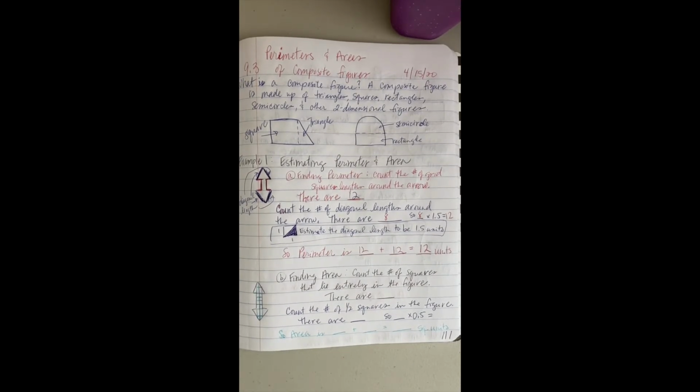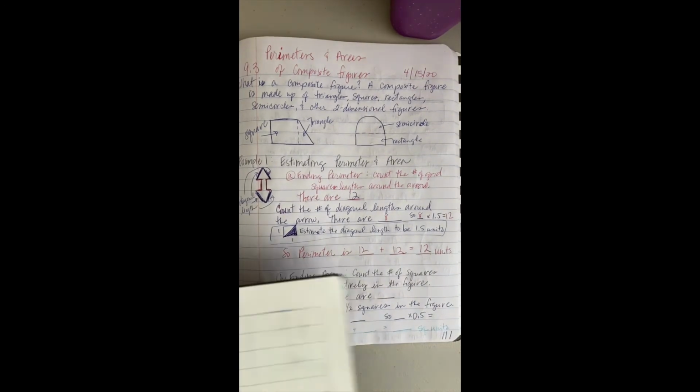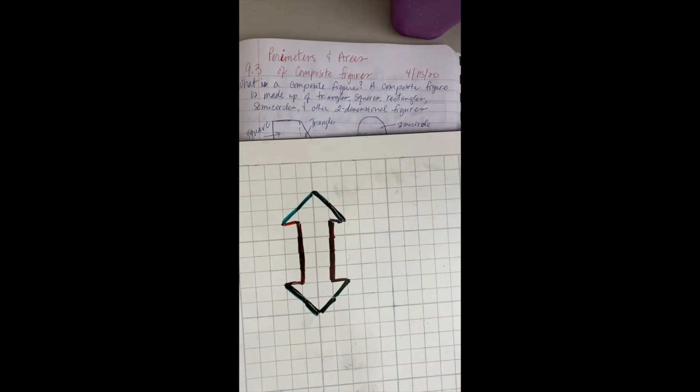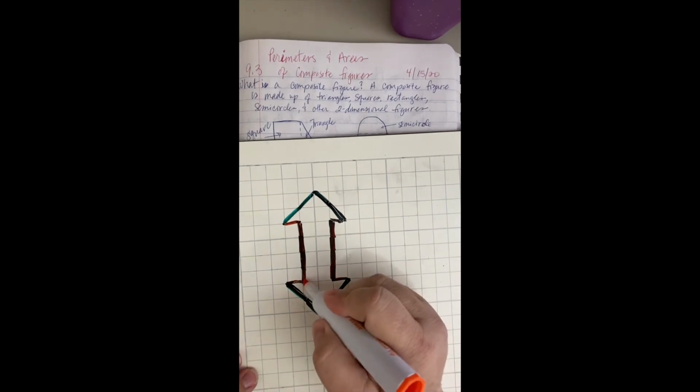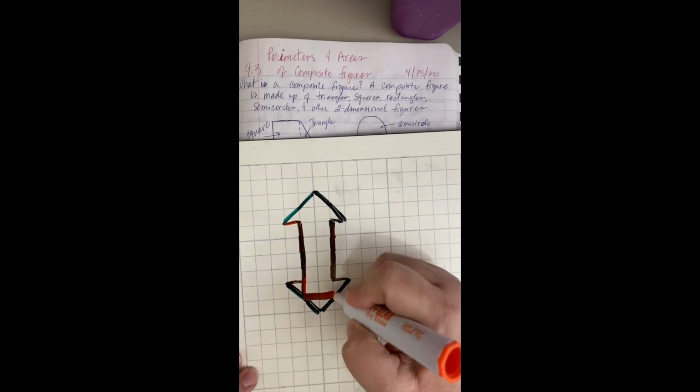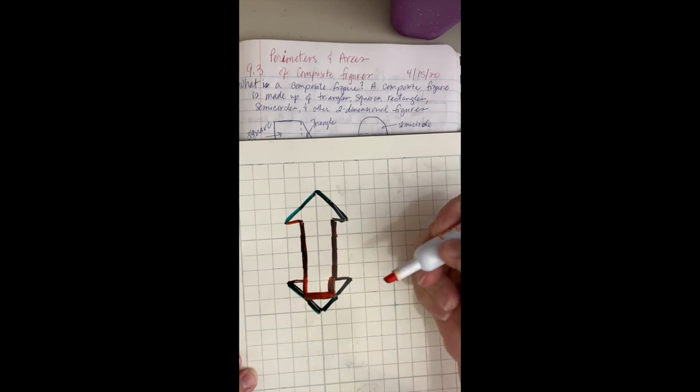Now we're going to take that same diagram, but find the area. The first thing we need to do is count the number of squares that lie entirely in the figure. I drew it out here, but I'm going to show you on this drawing. We count all the full boxes that lie inside the figure.